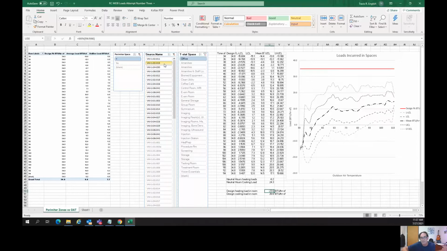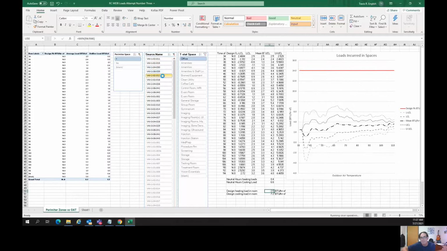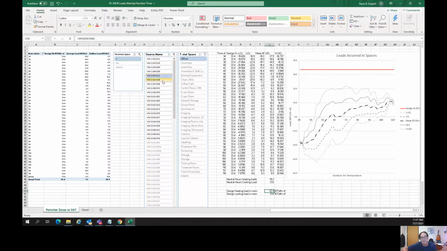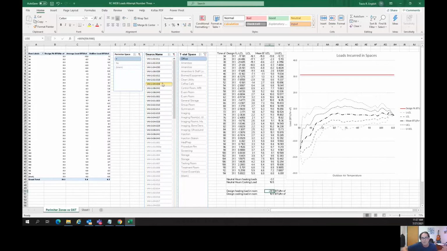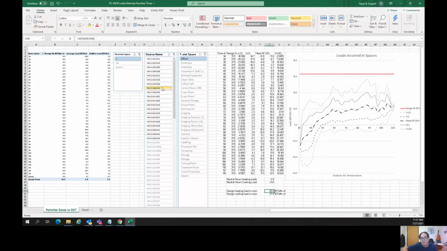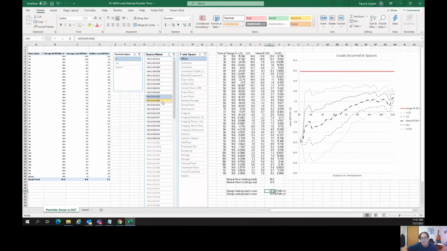I'm reading off the cooling number. Here's one at 27. Here's one at 18. Here's one at 7. Here's one at 22. Here's one at 23. Here's one at 16 and a half. Here's one at 30. Here's one at 15.